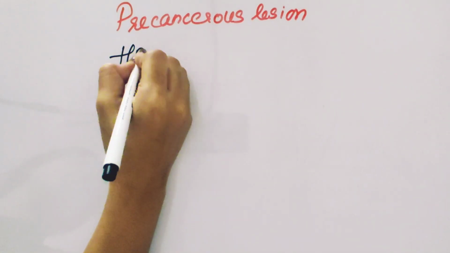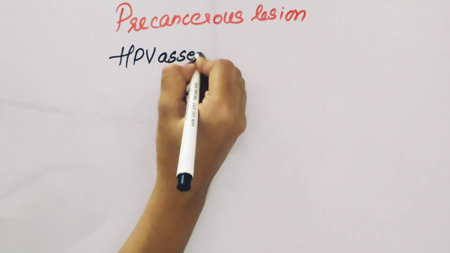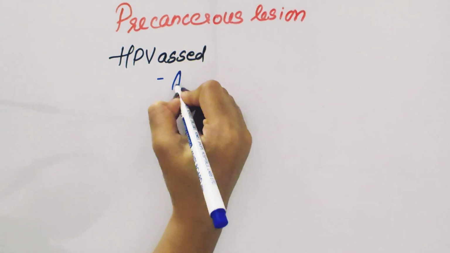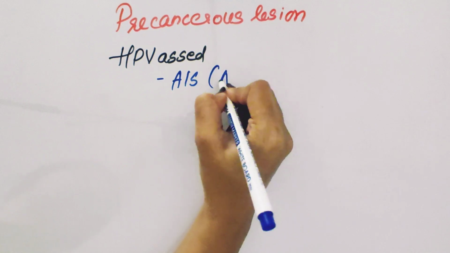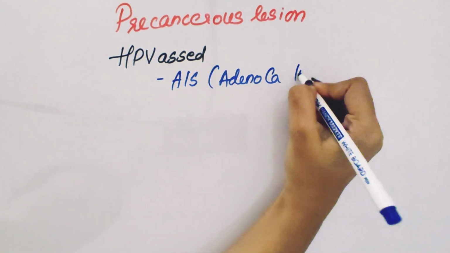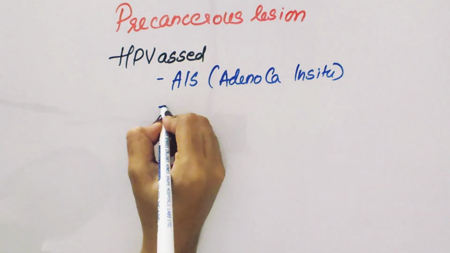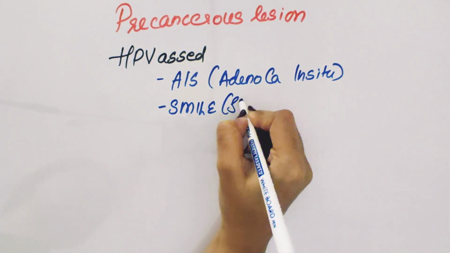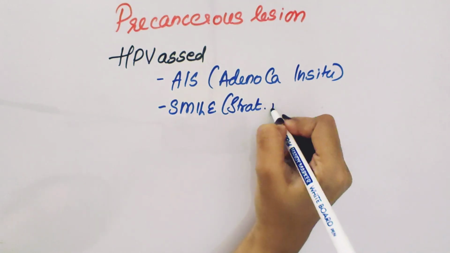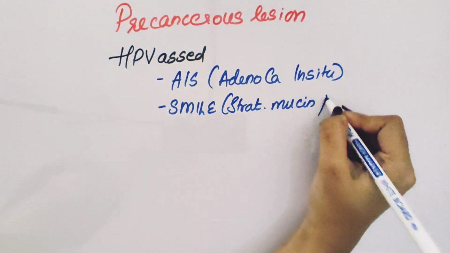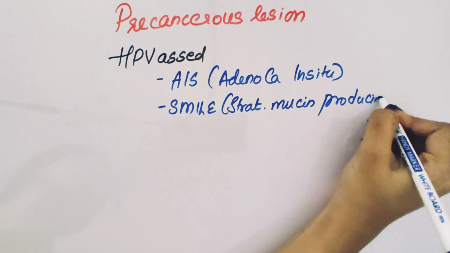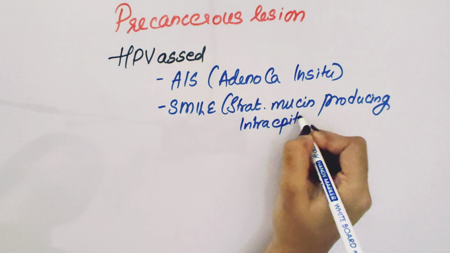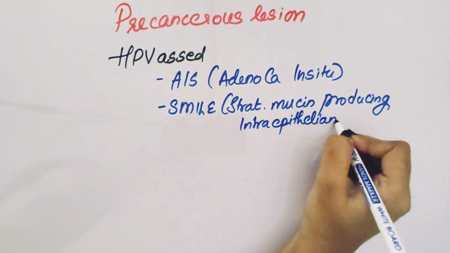In HPV associated precancerous lesions, we have two types, that is adenocarcinoma in situ and SMILE. Sounds nice, but it is stratified mucin producing intraepithelial lesion.